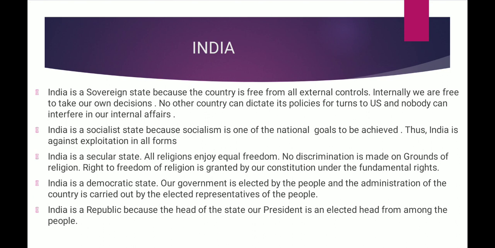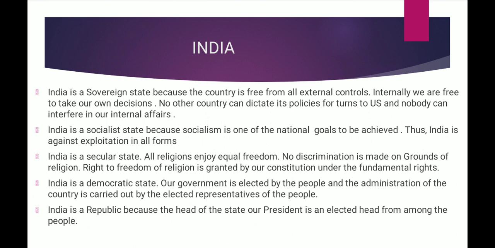It means every person can practice and propagate his or her religion. There is no objection, no obstacle. No one can interfere in the internal affairs of your religion. For that cause, India is a secular state.